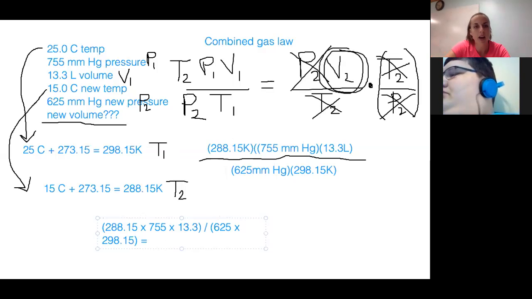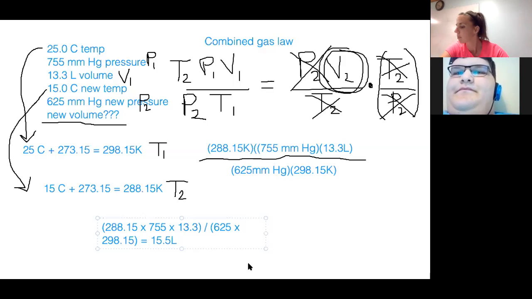But I need to round it because they only give me 3 significant figures as the least amount here. So I'm going to round it to 15.5 liters. Does this make sense? Yes. Okay.